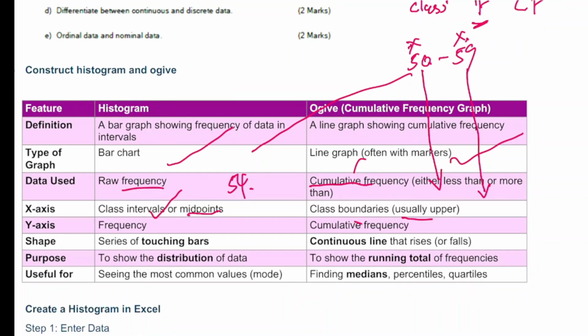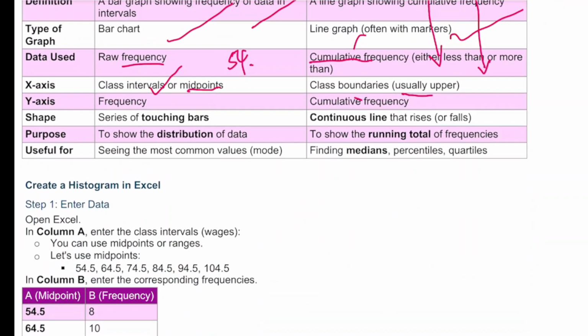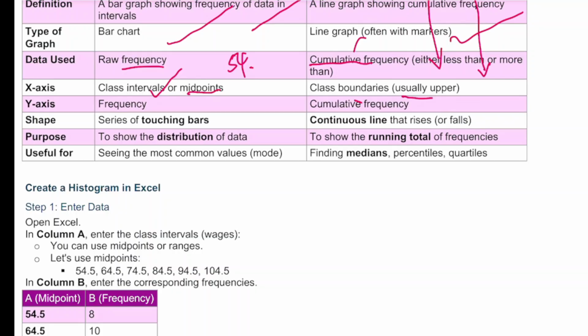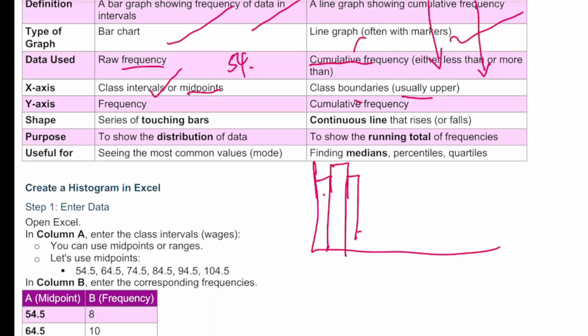So, shape: a series of touching bars. In Excel, you might have seen when you prepare a bar chart, sometimes there are spaces between the bars. But for a histogram, there are no spaces between the bars. So a series of touching bars.